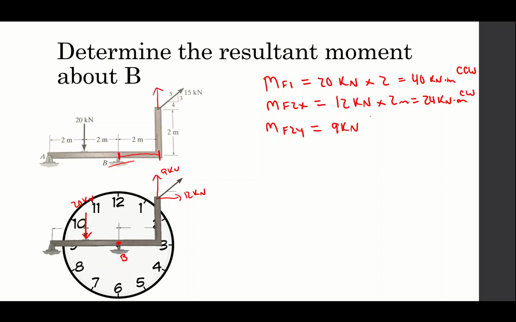So that distance is? Yes. So now we have 18 kilonewton meters going clockwise or counterclockwise? So we get a positive 40 now, negative 24 plus 18, giving us 34.